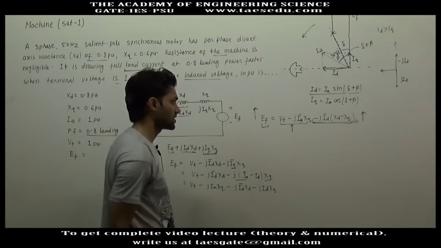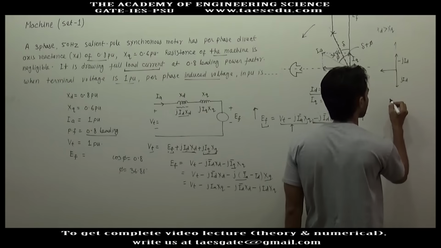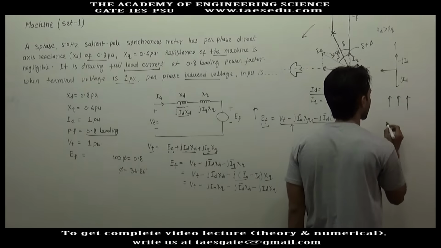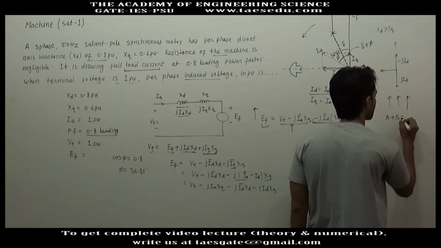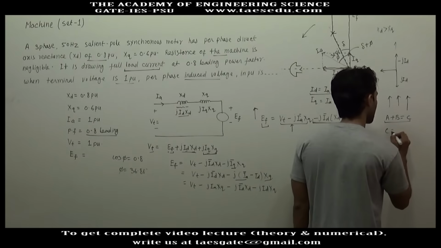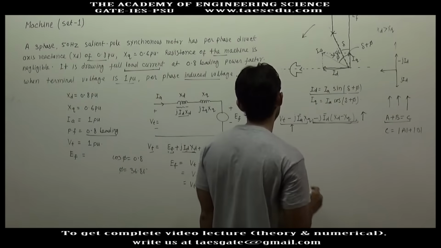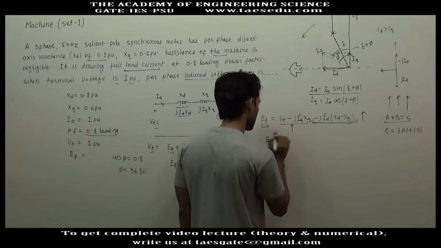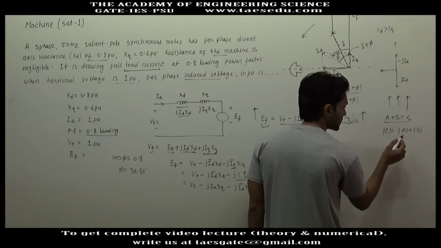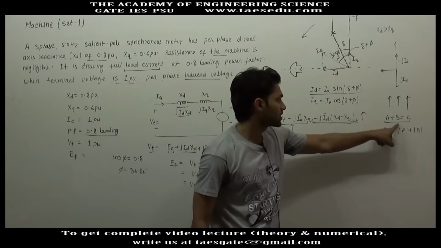If three vectors are in the same direction, let's say A plus B is equal to C, and if all the vectors are collinear, the modulus of C can be written as the modulus of A plus the modulus of B. Just take the magnitude of these two vectors and add them.